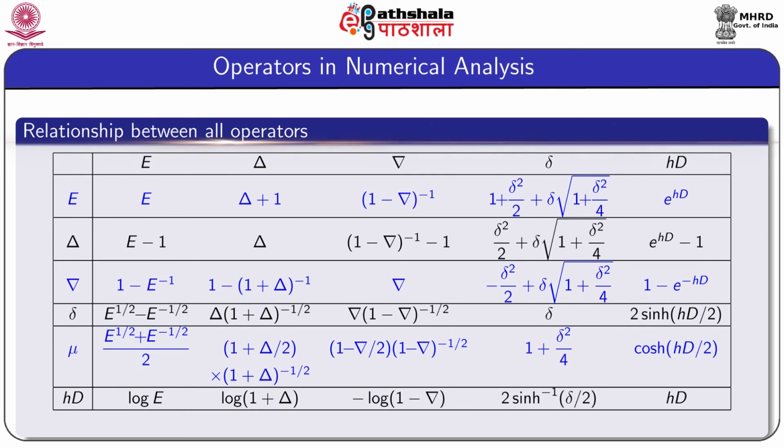E can also be expressed in terms of the backward difference operator as (1 - nabla) to the power minus 1. E is equal to 1 plus delta squared by 2 plus delta into root over (1 + delta squared by 4). That means E can be expressed in terms of the central difference operator, and we have proved that the shift operator E is equivalent to e to the power hD. That means the shift operator can be expressed in terms of other operators.